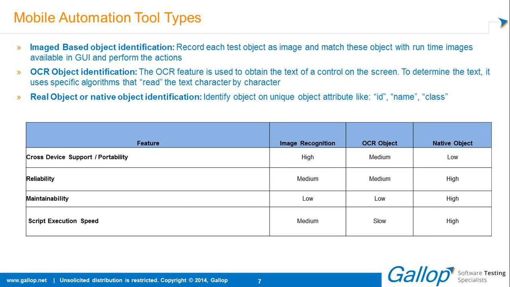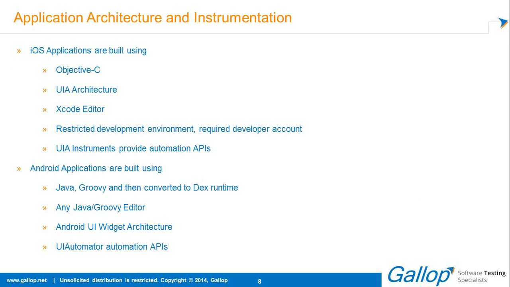It uses the UIA architecture, and it uses the whole Apple environment, the Mac environment, to build your application. You have a restricted development environment, and you need a developer account to build your applications, and then you need a developer account to push your application onto a real device and test it on a real device. So you need all the developer profile and the mobile provisioning certificates and all of that.